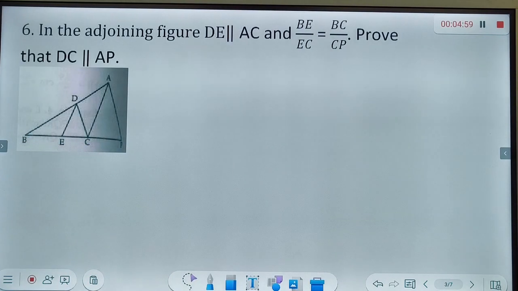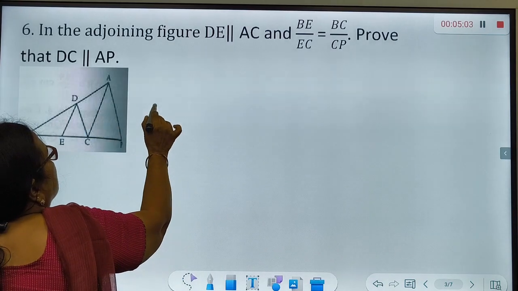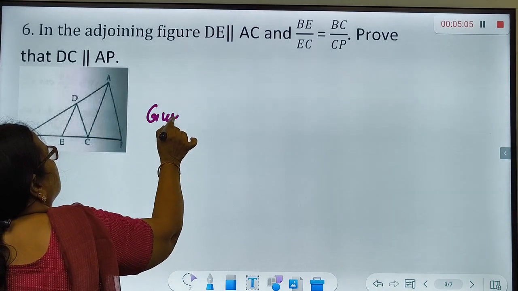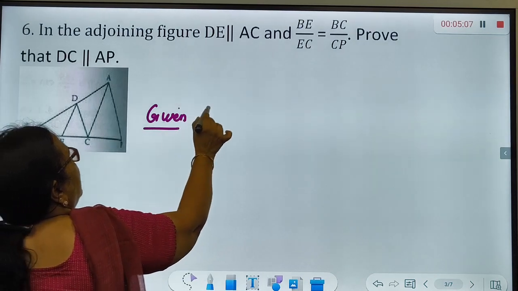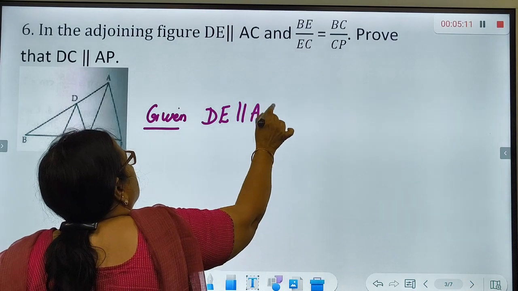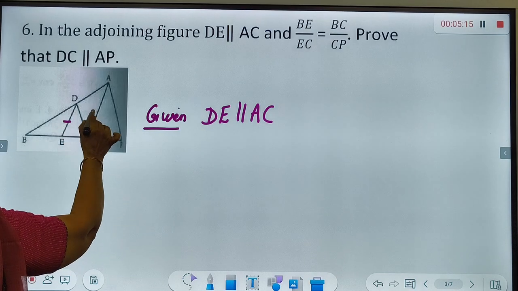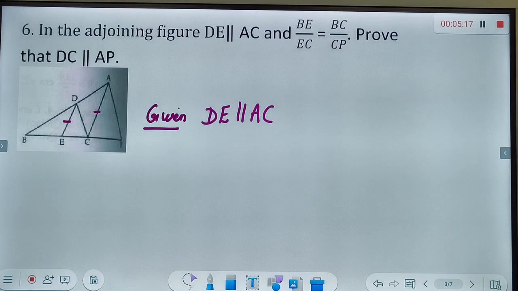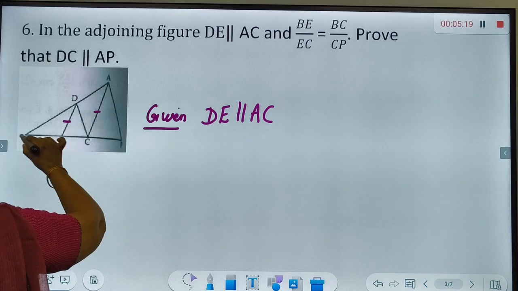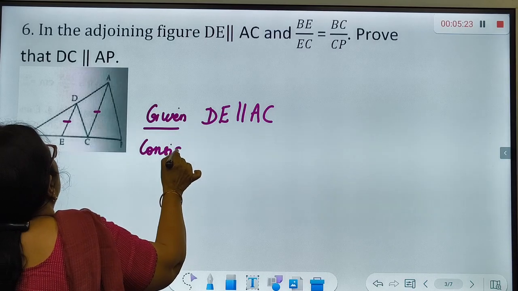Now, look at the next problem. In the adjoining figure, what is given? DE is parallel to AC. So you are given DE is parallel to AC. If I look at this triangle, which triangle can I consider now?